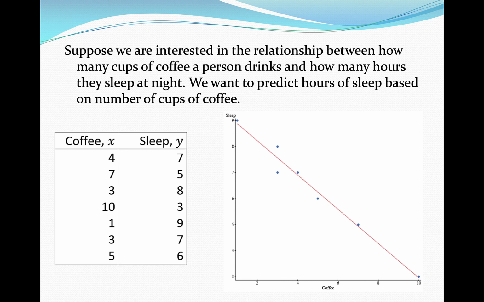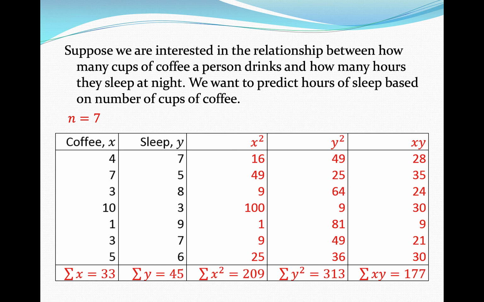The best way to do this is just to create columns. We did this before whenever we dealt with sums, but let me show you what it's going to look like for this example. We always have these same 5 columns. X and Y are our data, which are going to be given to us. But we also need to create a column of x squared because we're going to need the sum of our x squareds. We need a column of y squareds and a column of xy.